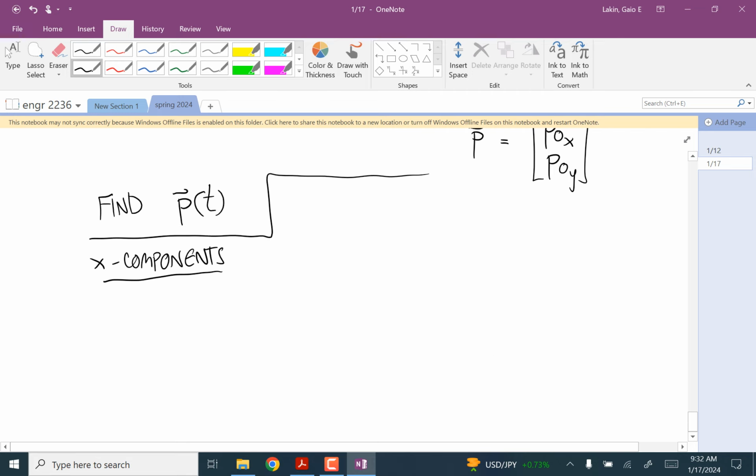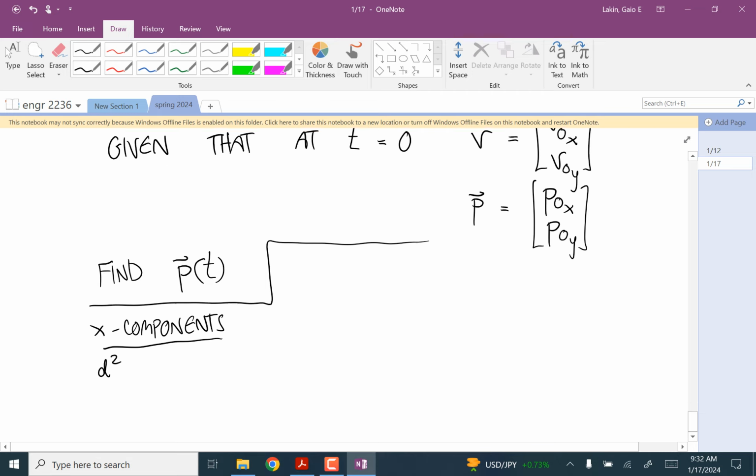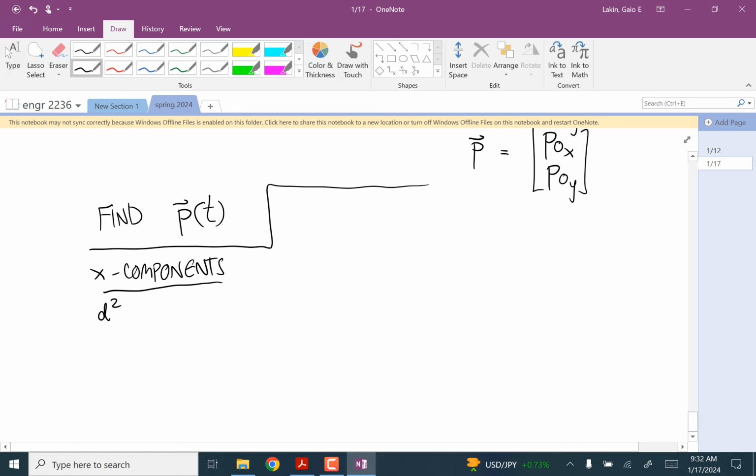So we're given that the second time derivative of px with respect to time is equal to 0.